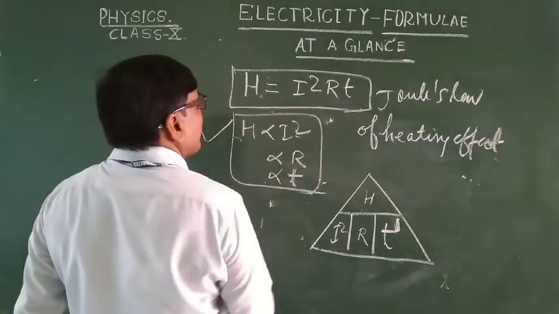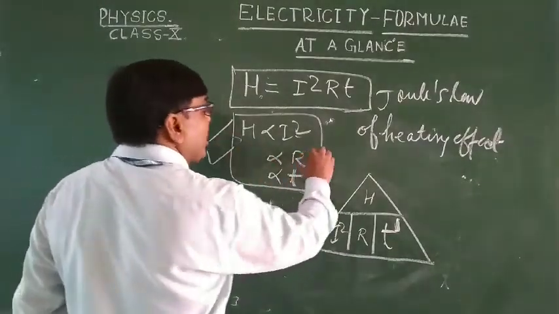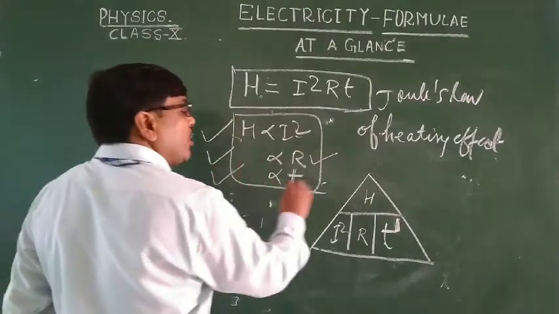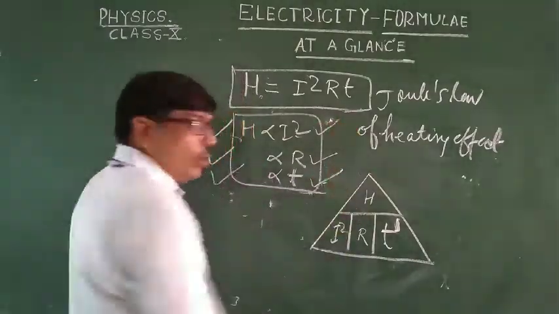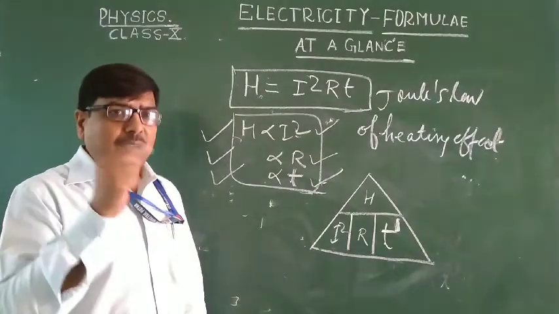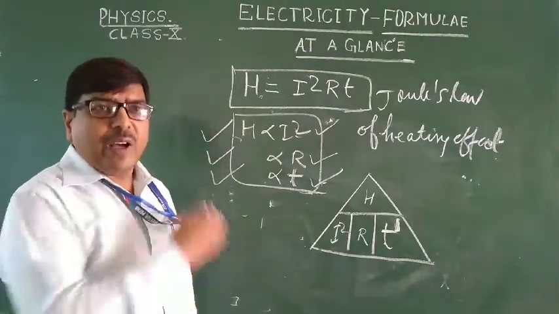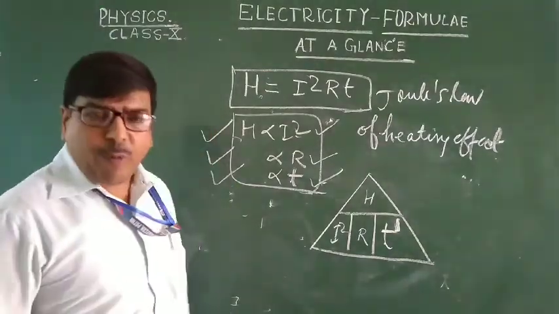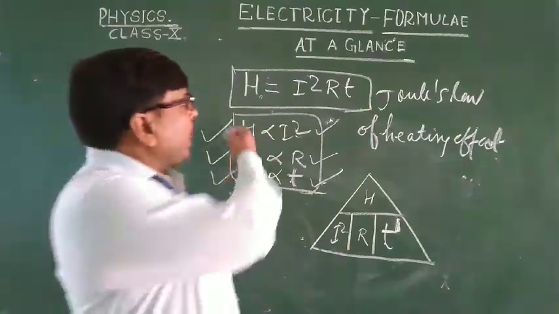H is proportional to I square, proportional to resistance, proportional to time taken for the flow. Thank you. I hope you can remember all these formulas easily with the help of this technique.